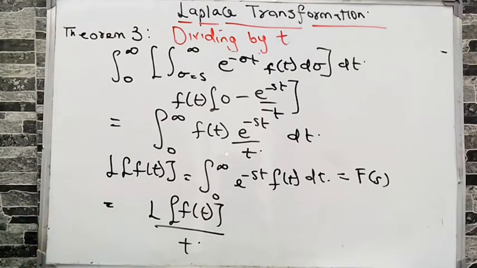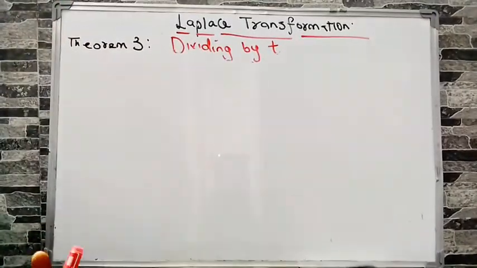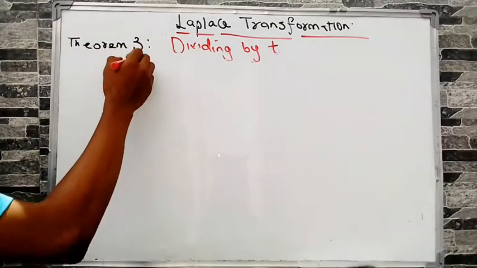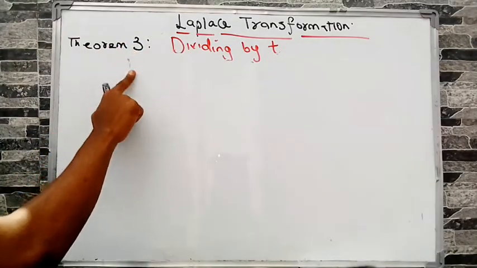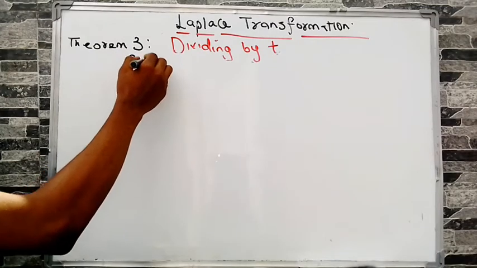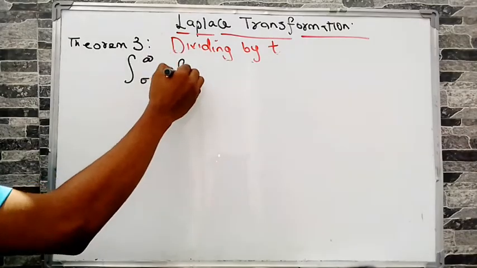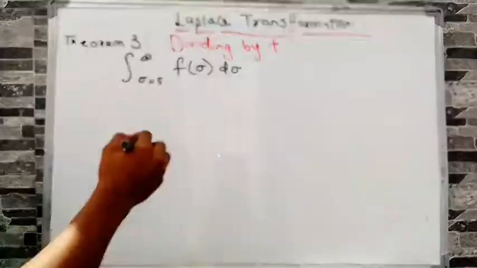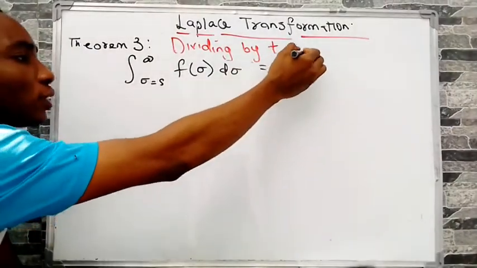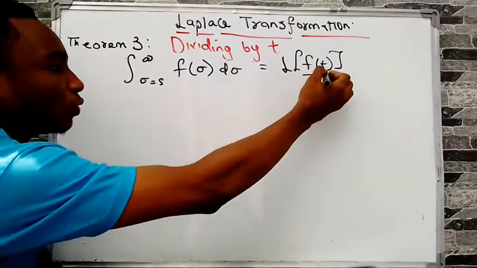So now let's take an example. Having proven that the integral from 0 to infinity, so coming from this variable which is equal to s to infinity, of a function of this variable with respect to this variable, is equal to the Laplace of the function of t divided by t.